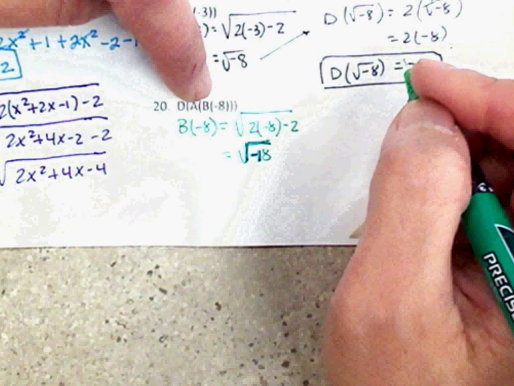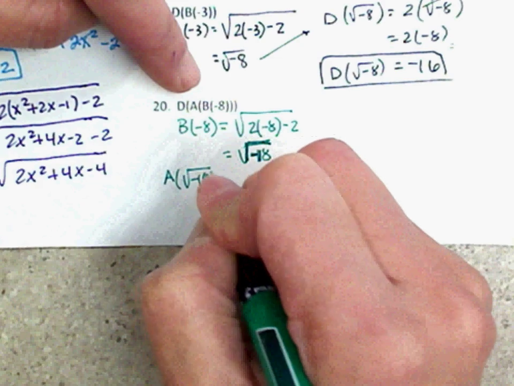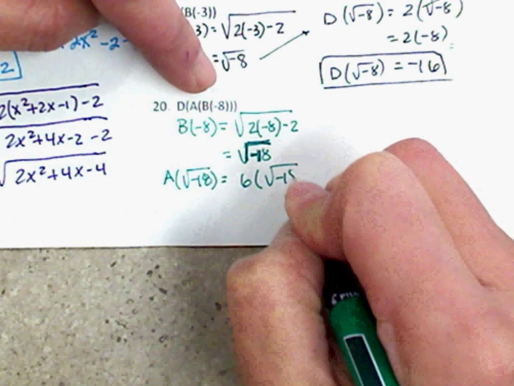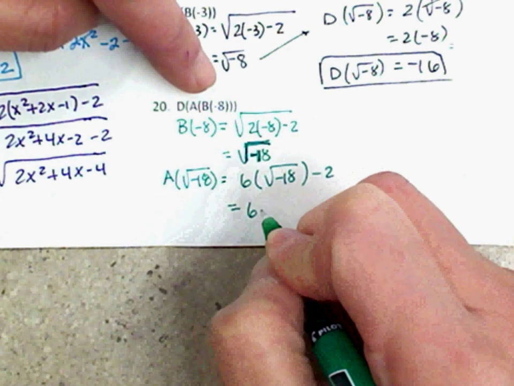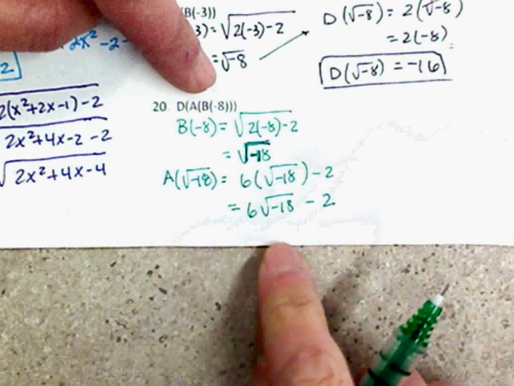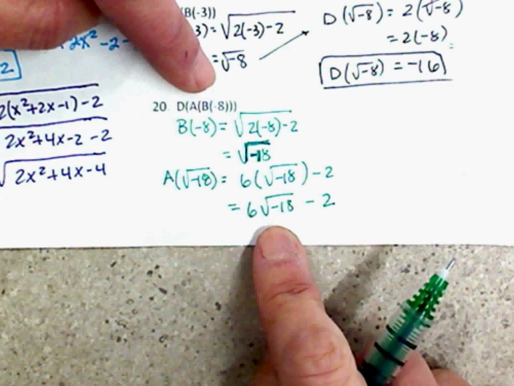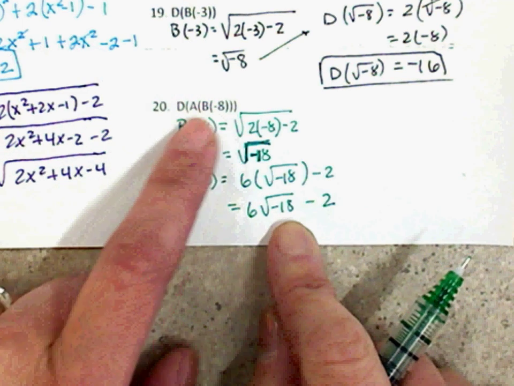Now we're going to plug that into your A, square root of negative 18. So A is 6 times square root of negative 18 minus 2. So that comes out to be 6 square root of negative 18 minus 2. Don't take that out yet. Do it later. You can do it now if you want to. Okay? So that was B and then A, and now we're back to D.